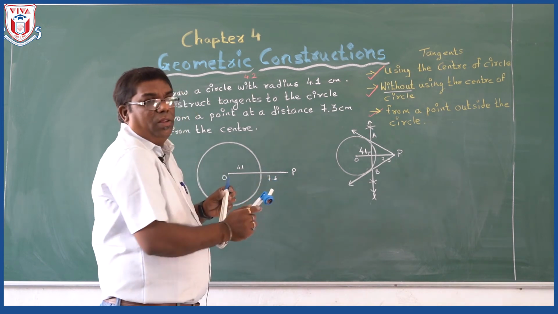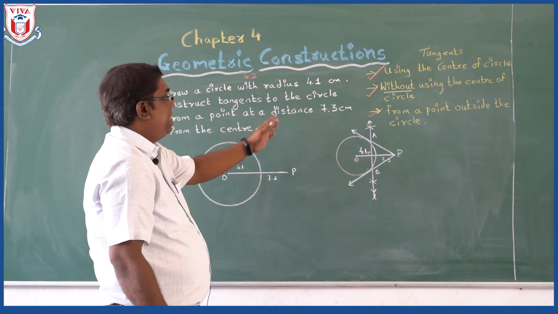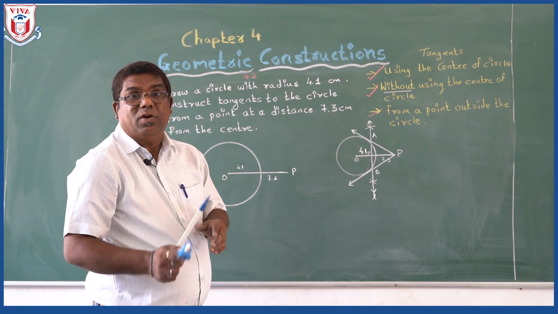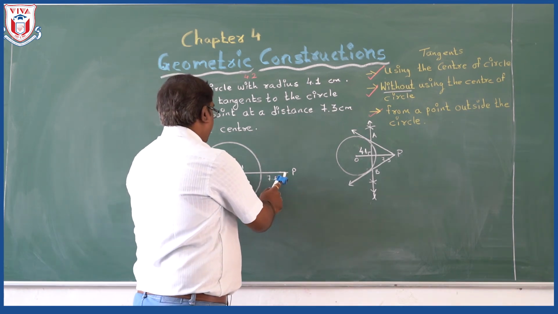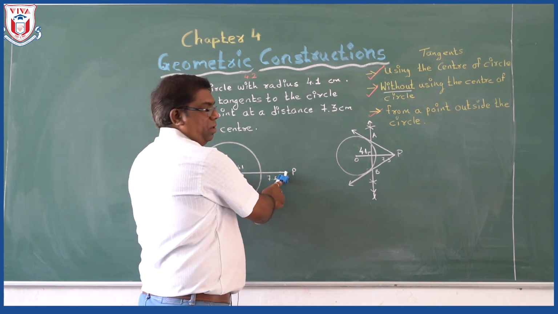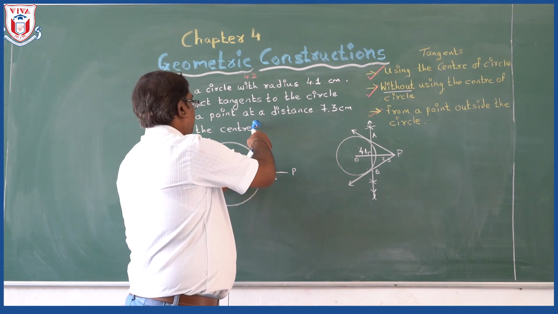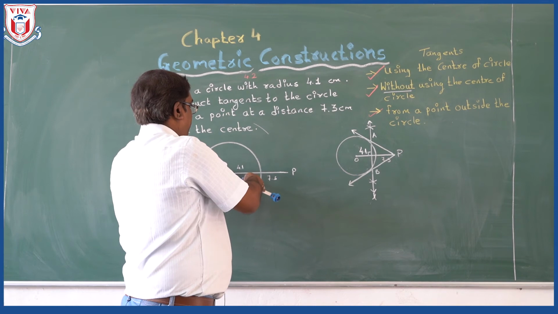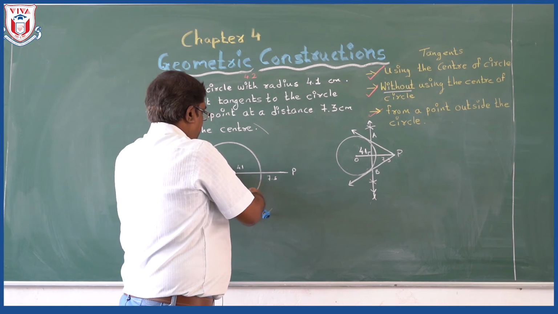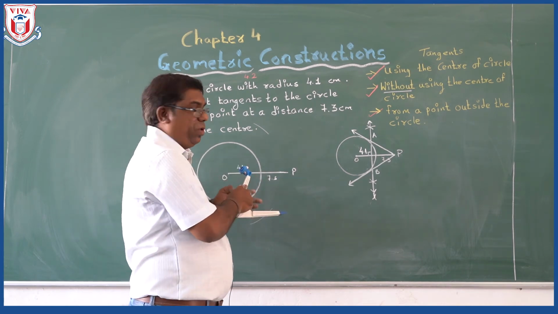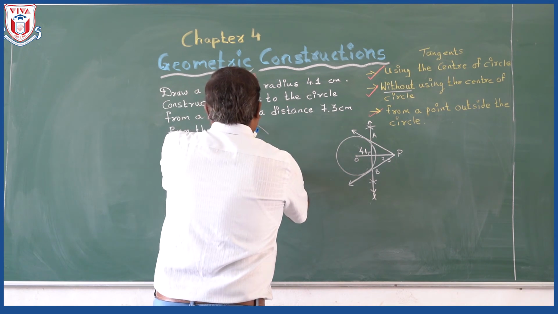Now see, the midpoint should be there. Whenever the point is outside the circle, we have to take a midpoint. We will take the measurement of this 7.3 and draw the arcs. Go with that concept with arcs.